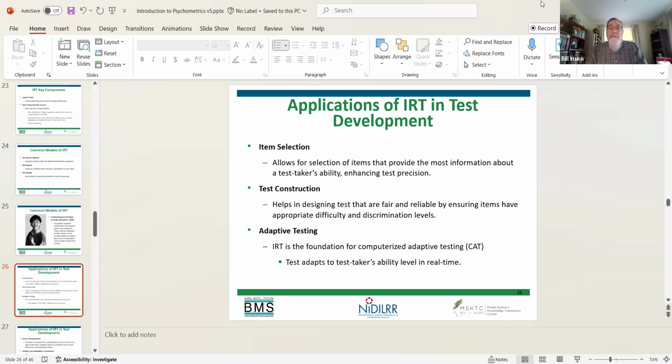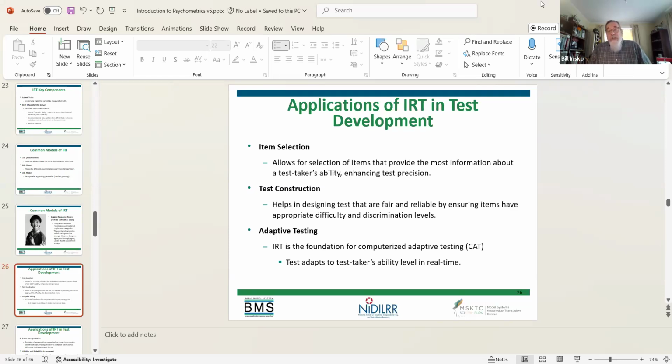And so I mentioned adaptive testing early on. IRT is the foundation for computerized adaptive testing. You could have it without IRT, but it didn't exist very much before IRT. And so if you're taking an adaptive test, there's a 99.999% probability that there is an IRT model underlying the administration of that test.